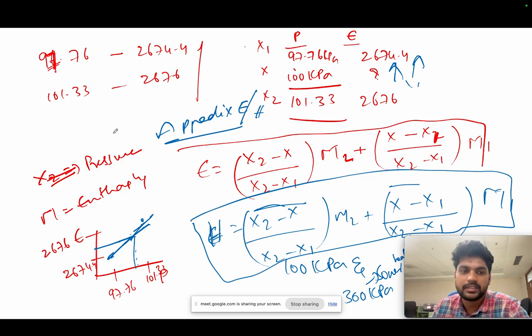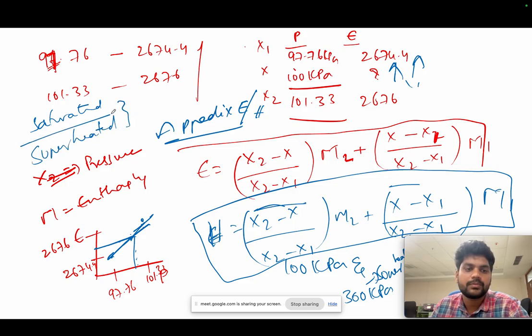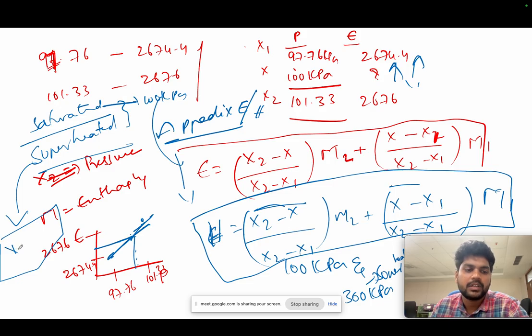So there are two different steam tables. One is for saturated, another one is for superheated. So from this you will get the 100 kilopascal value using this formula. For saturated also you need to look into the table. You will get x1, x2, m1, m2.